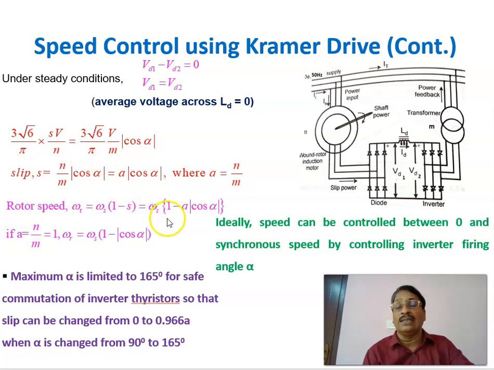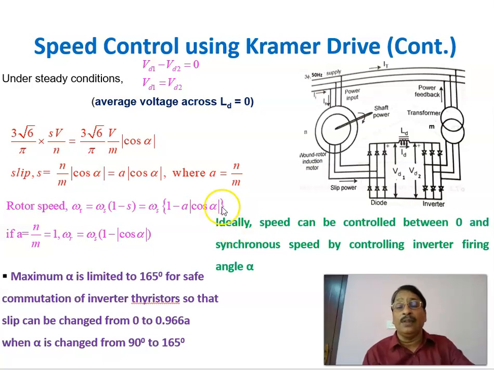Substituting the value of S, omega r equal to omega s into 1 minus A into modulus of cos alpha. Therefore by controlling the magnitude of alpha, you can control the speed of the induction motor.